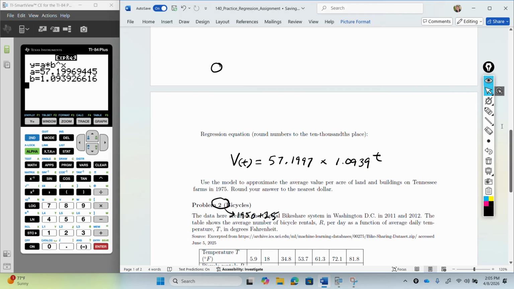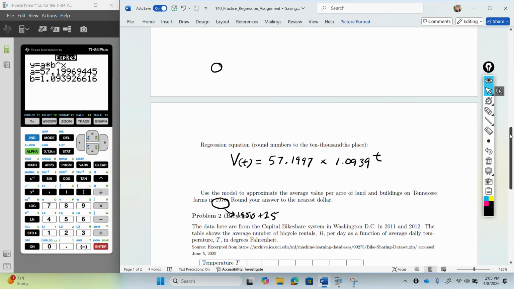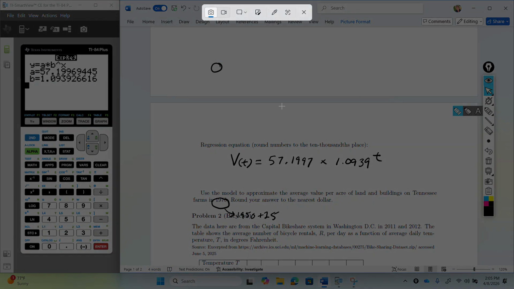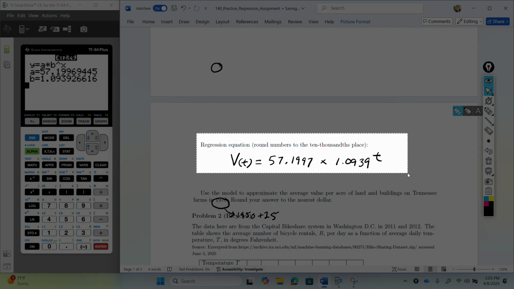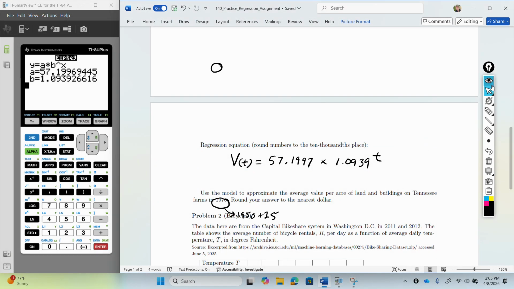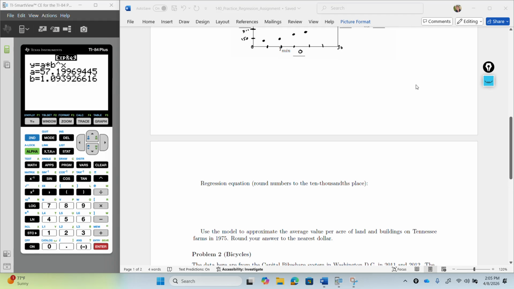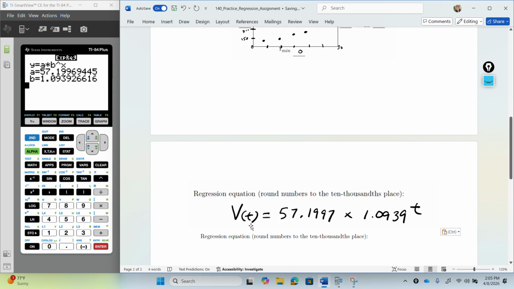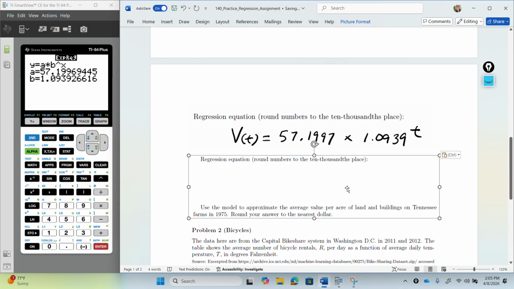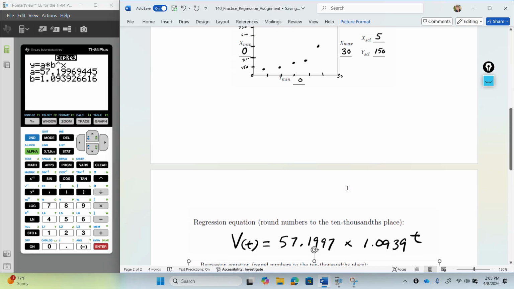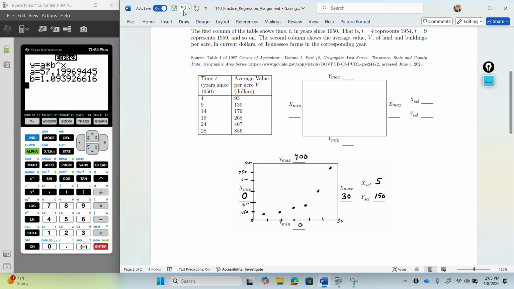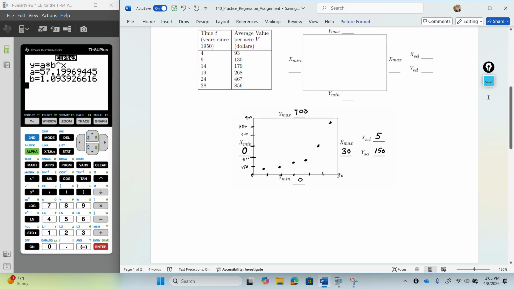And then there's my regression equation, and I'll take a screenshot of that as well. I've got to keep taking screenshots or I'll lose this with my Epic Pen. And so for 1975, t is equal to 25.